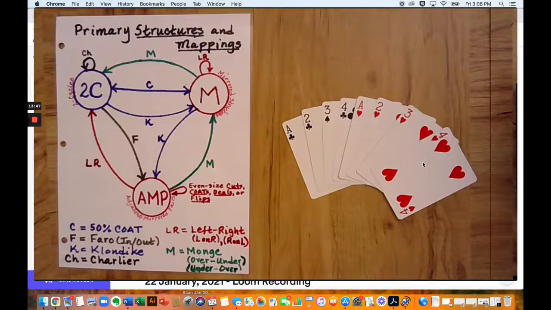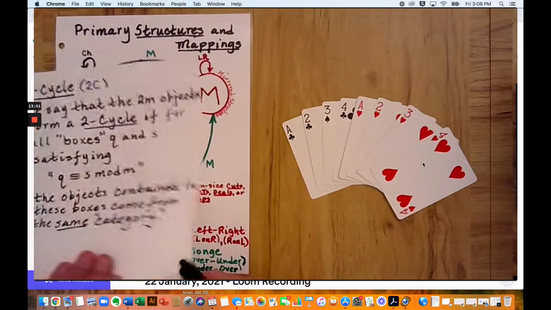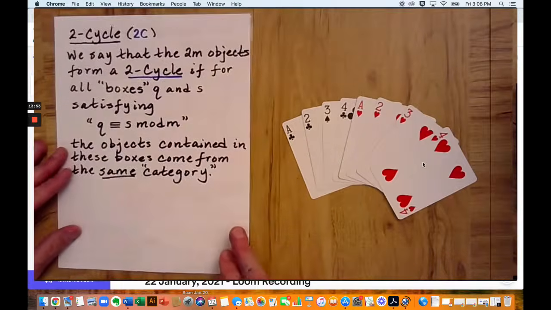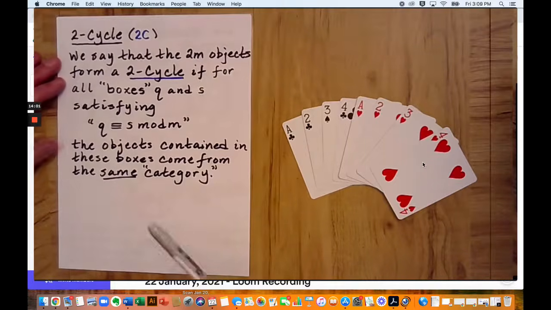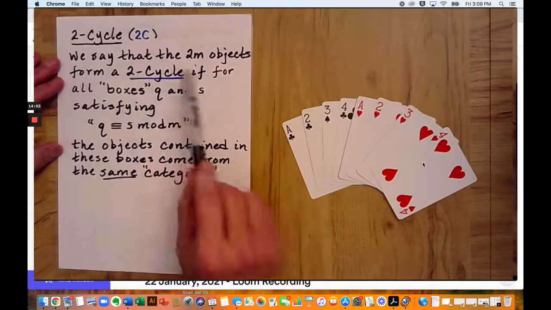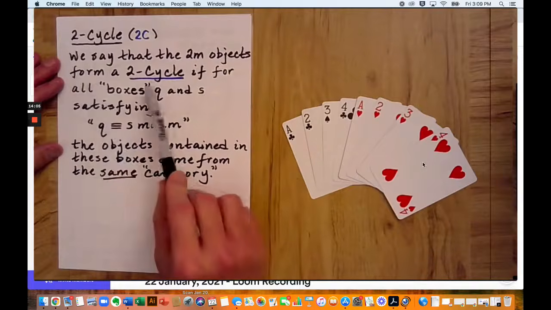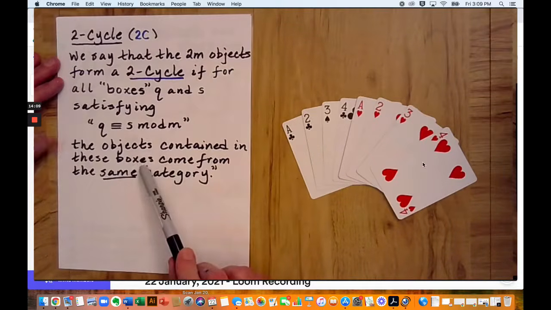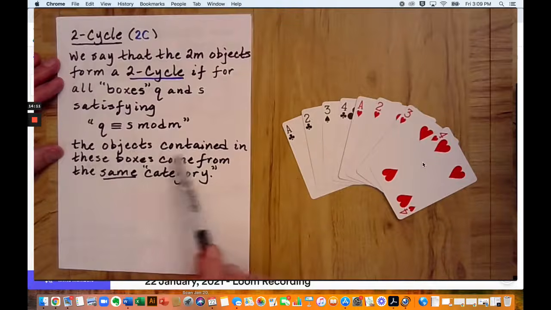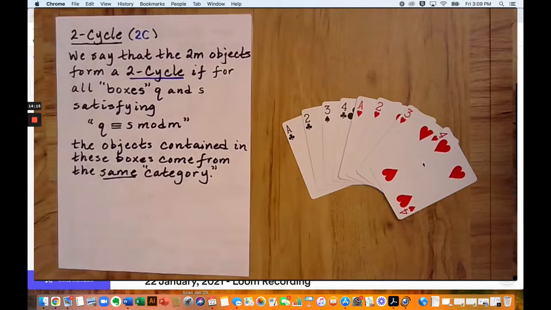Let's go back to the 2-cycle for a second, because that's essentially what I've set up. Recall we say that the 2m objects, 8 objects, form a 2-cycle if for all boxes Q and S satisfying this, the objects contained in these boxes come from the same category.